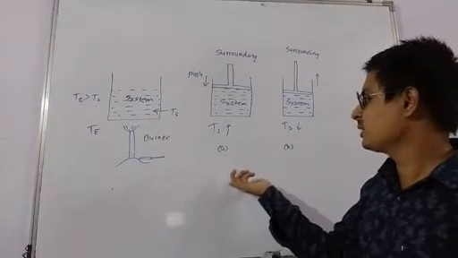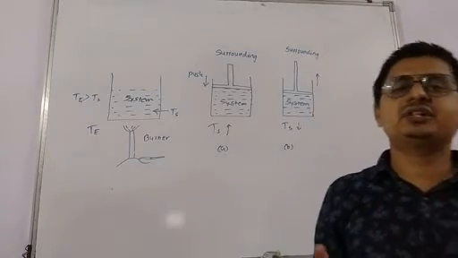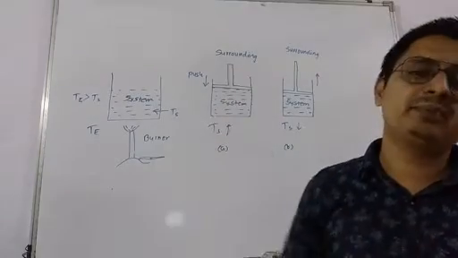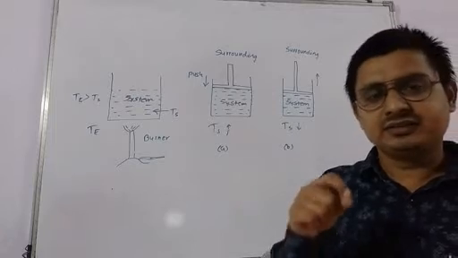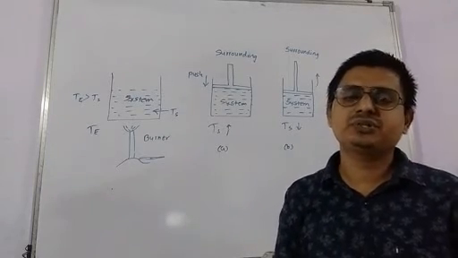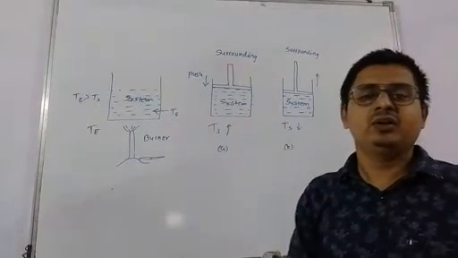But in the second diagram there is also a container which contains a certain volume of liquid. The piston is kept over it, and that piston is massless and frictionless. Such a piston will be pushed downward and upward.